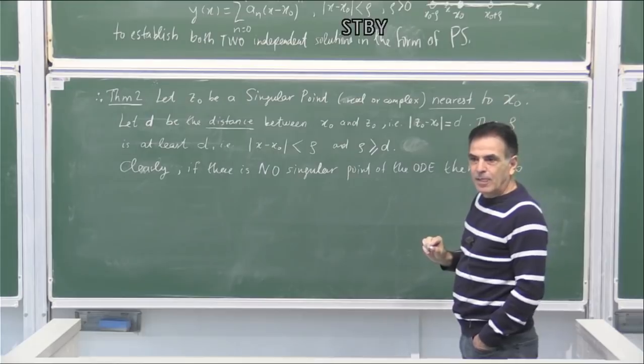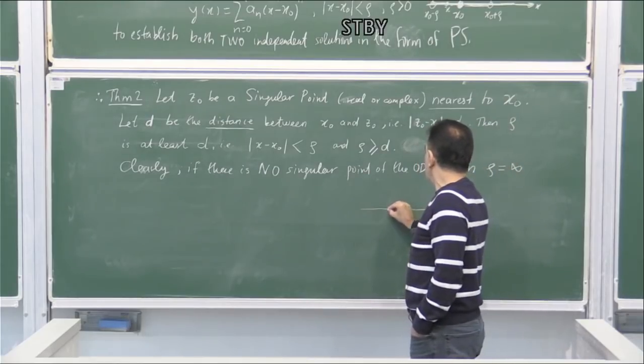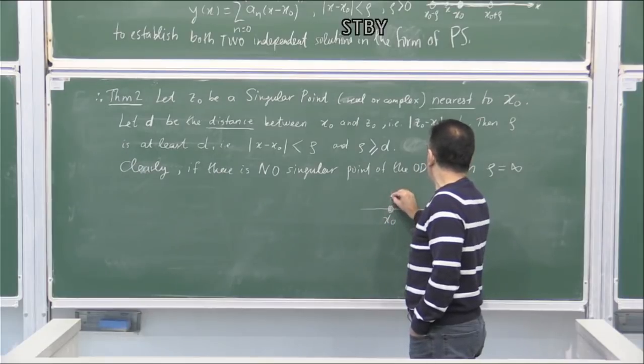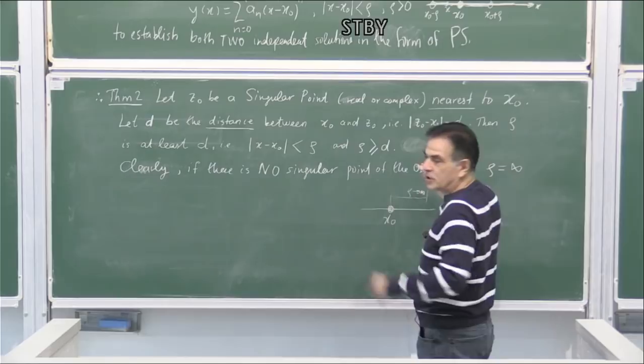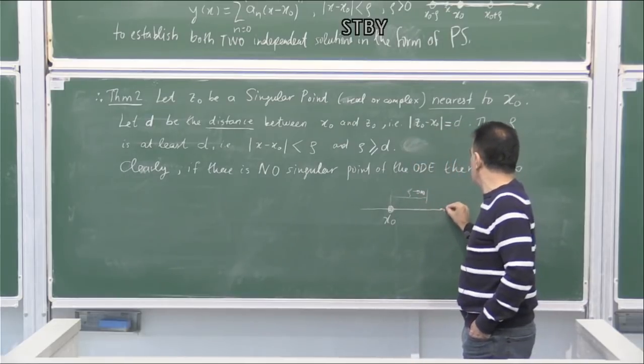Okay? So in which case we get that here is x0, here is rho, but there is no singularity to give a bound, so rho goes to infinity.